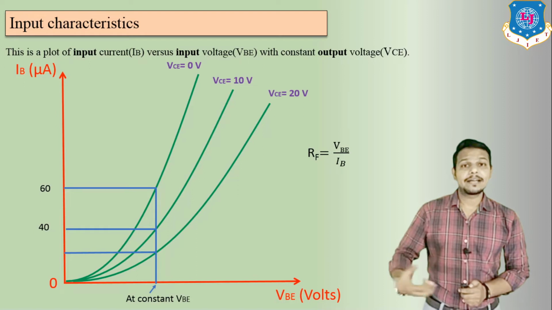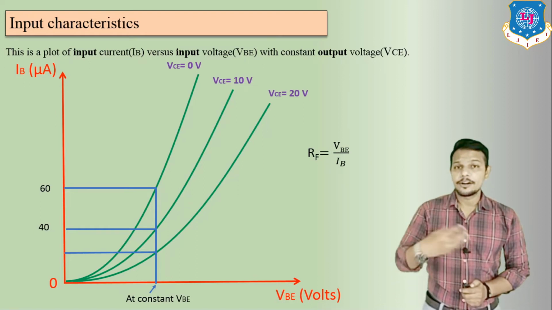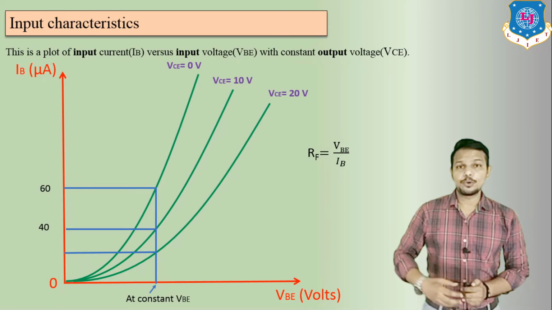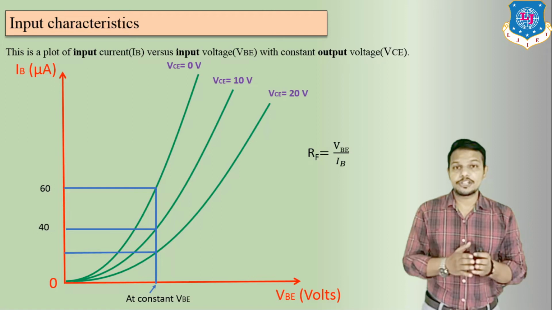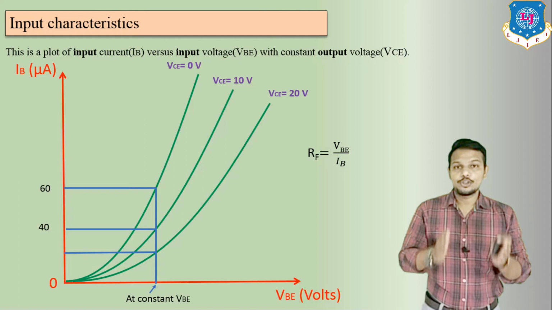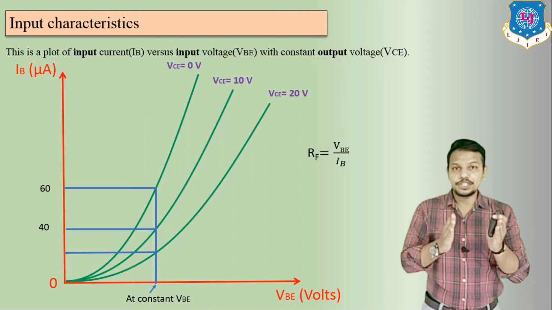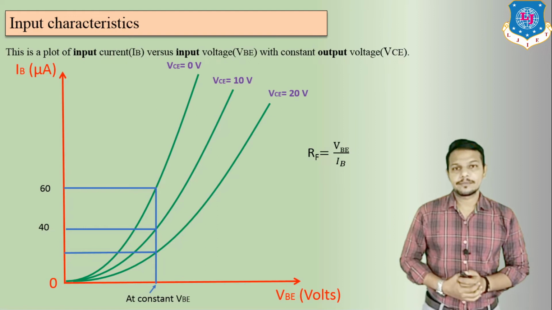Why does it happen? Because VCE is in reverse bias. If you increase the reverse voltage, the depletion region width increases.